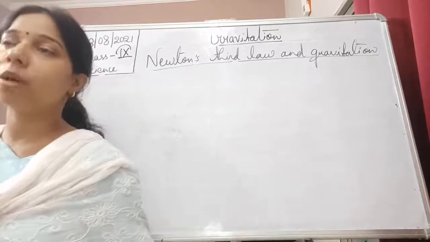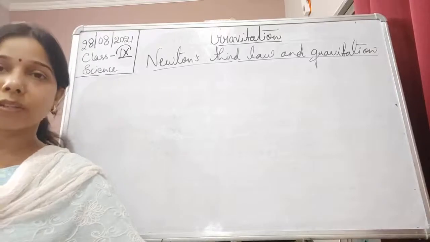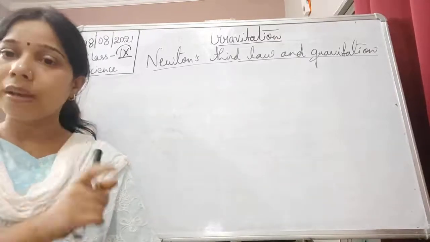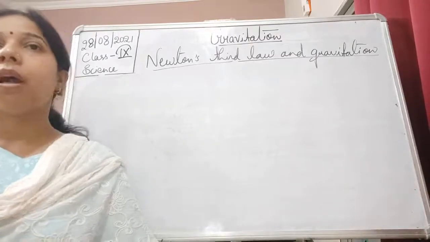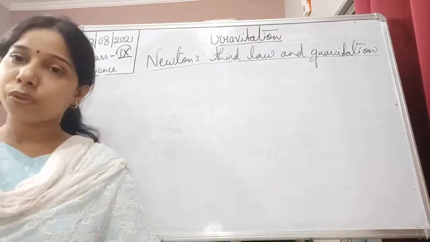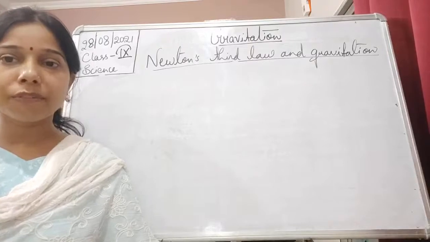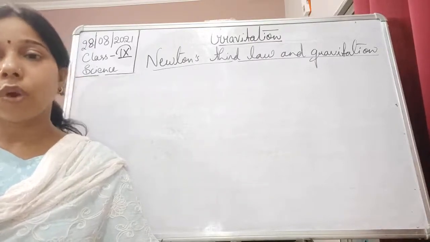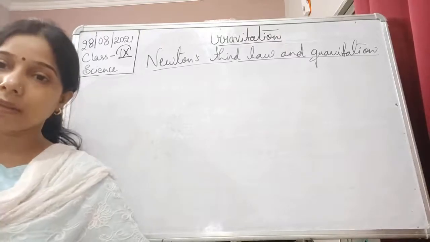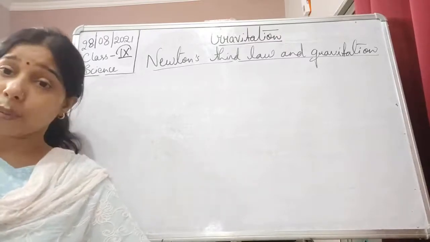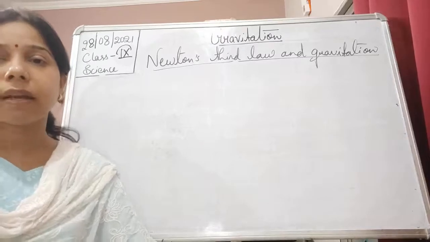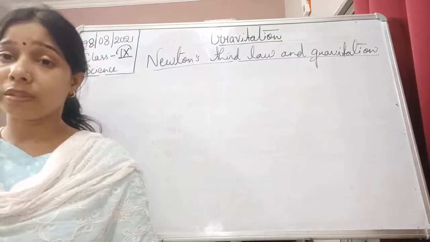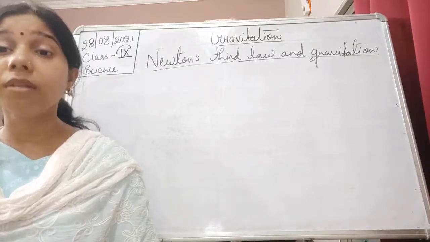Why is it falling downward? It is because a force of attraction is exerted by the earth on the stone, due to which it comes downward. But what about the stone? Does the stone also exert a force on the earth? Yes, the stone will also exert an equal and opposite force on the earth, pulling it in the upward direction. The question arises: if it is exerting an equal amount of force, then why can we not see the earth moving in an upward direction?